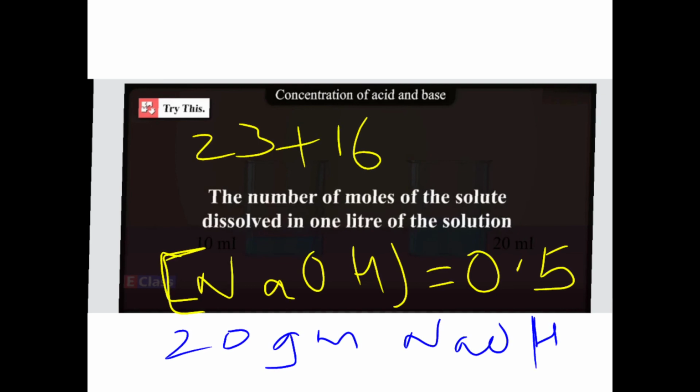Inside the square bracket, whatever substance you took, you write it. Suppose I take NaOH, so I will write [NaOH]. Now if I take 20 grams, the answer comes out to be 0.5 in moles. So we can say that it is a 0.5 molar solution. The unit is molar, capital M.